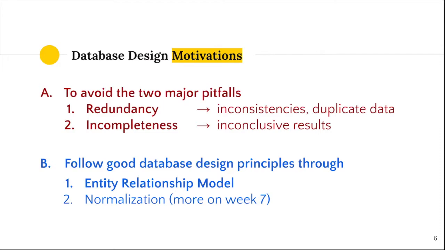So imagine if you have a particular attribute and then you have 50% of the data, null yung content, and then you perform, let's say, the average or the computation of the sum, then the resulting computation will produce inconclusive results. To avoid two major pitfalls, we need to follow good database design principles that are incorporated in creating the actual entity relationship model and performing normalization.